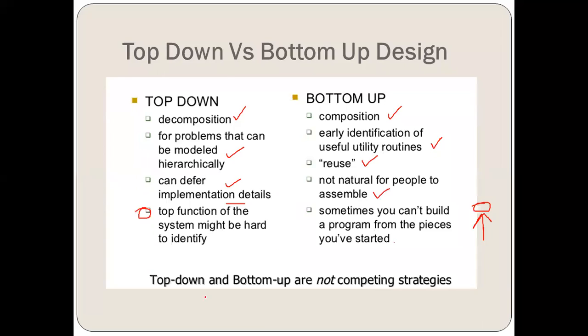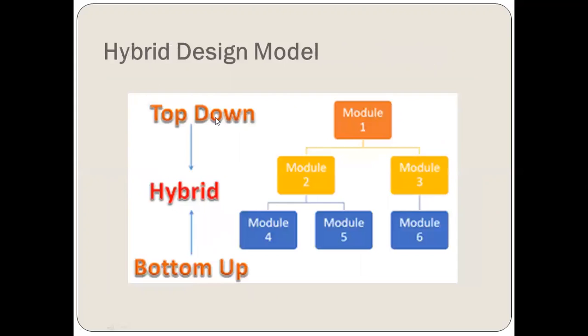So what we can say is, though top-down approach is a better approach for software designing, in practical approaches we cannot say that only one approach is being used. There is no one approach that can compete with the strategy. Then what are we using? We are using the hybrid model.